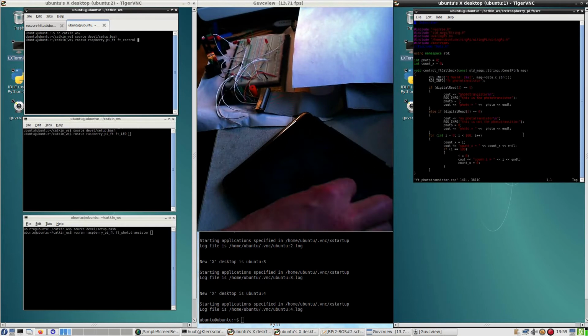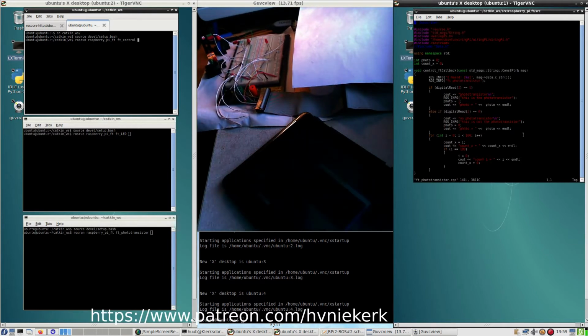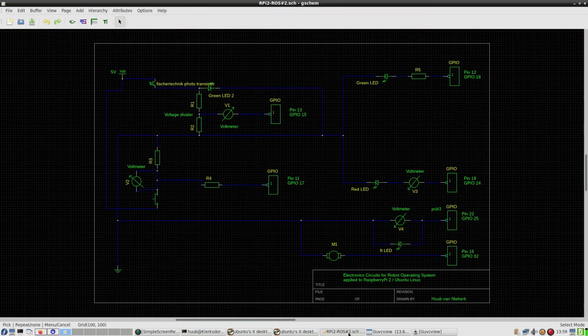Okay, the big question is like this. From the voltage divider, which is right here, it is going to pin 13. All nice.